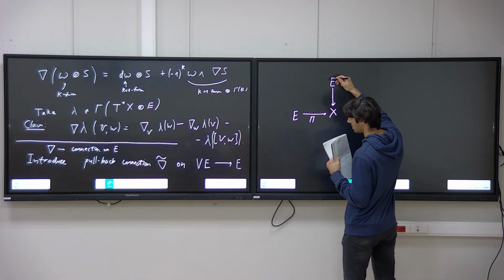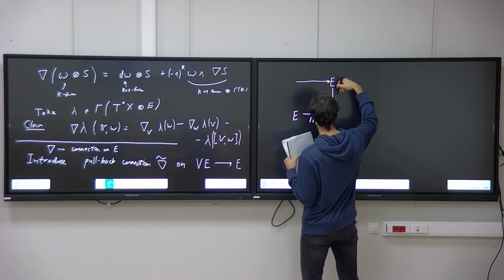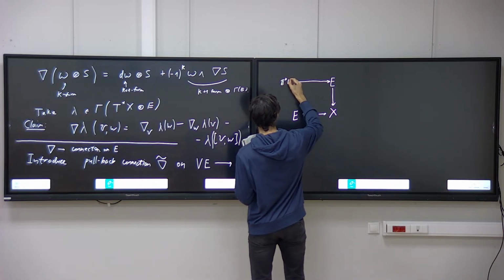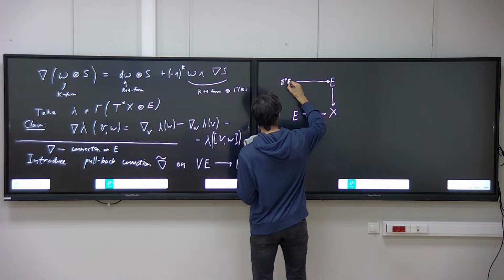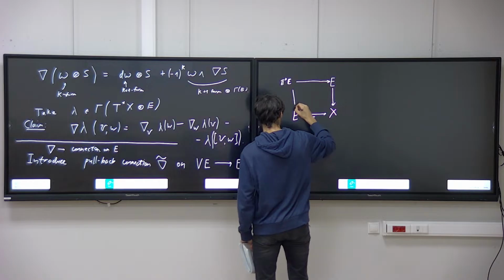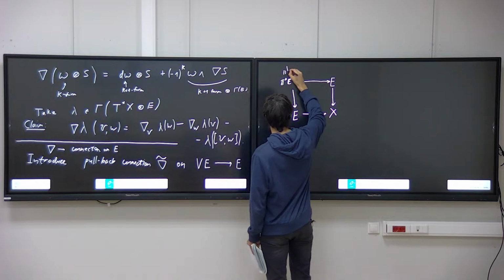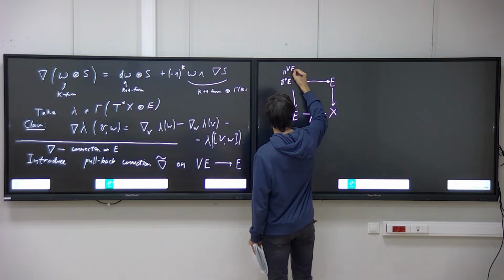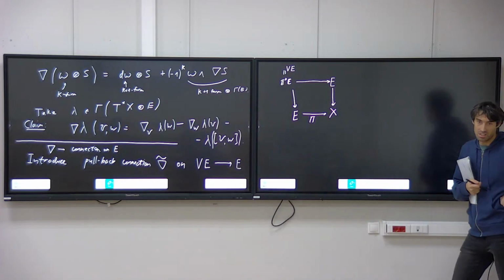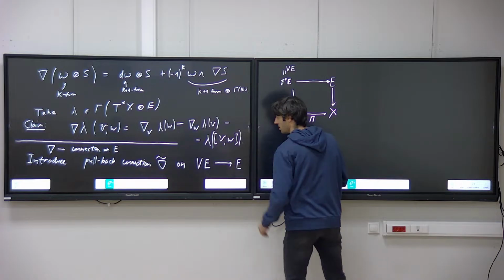So we pull back the vector bundle E to E itself, and this will be pi star of E. The pi star of E is actually the same as VE. So the fibers of pi star of E are the same as VE. Therefore I wrote it like that.